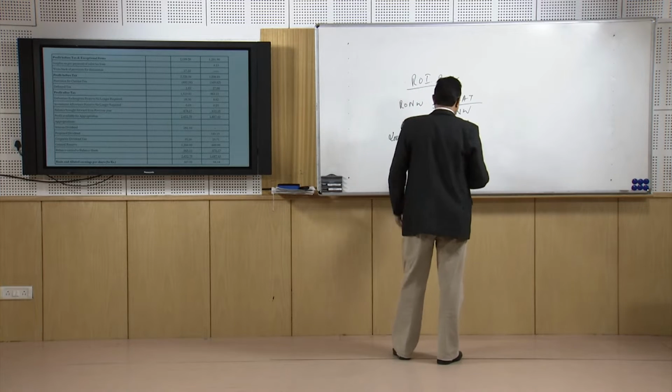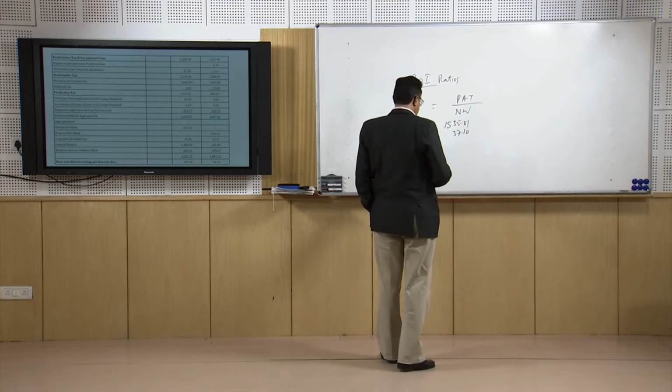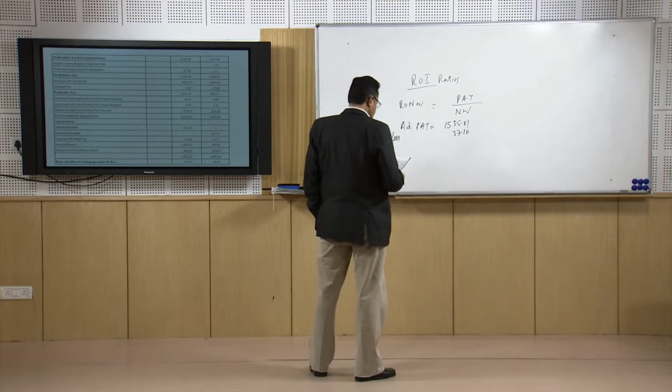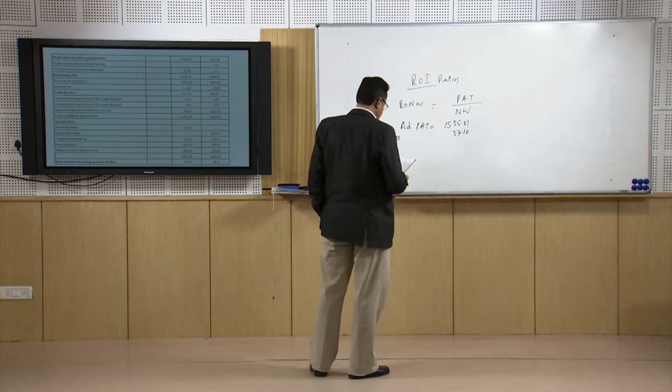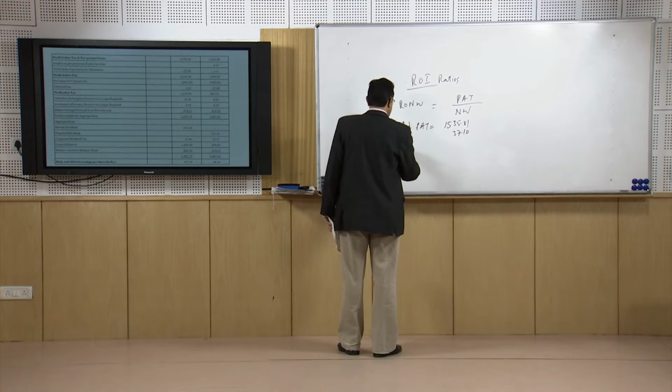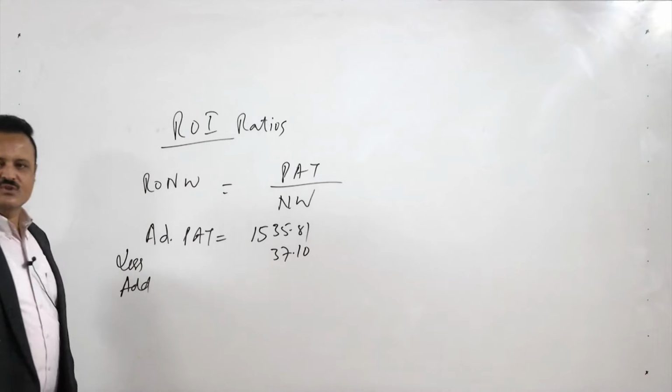That is 1535.81 crores minus 37.10 crores. You have to subtract, and in other cases you have to add something, because this is the analyst's job. Anybody cannot do this.